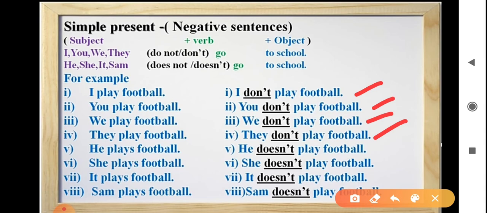He plays football, he doesn't play football. She plays football, she doesn't play football. It plays football, it doesn't play football. Sam plays football, Sam doesn't play football. Now see that don't and doesn't are the abbreviated forms of do not and does not.